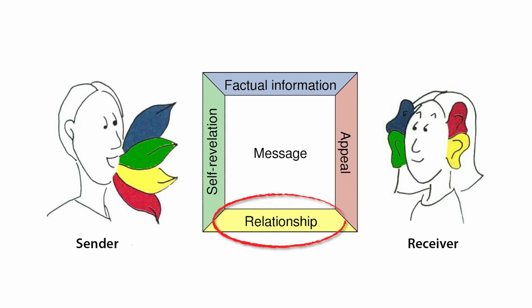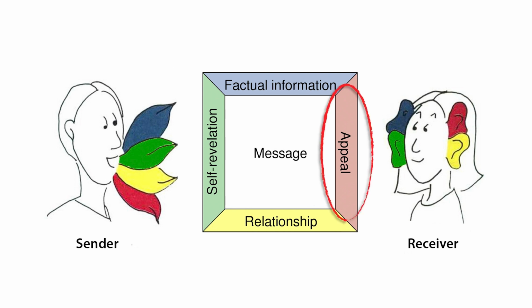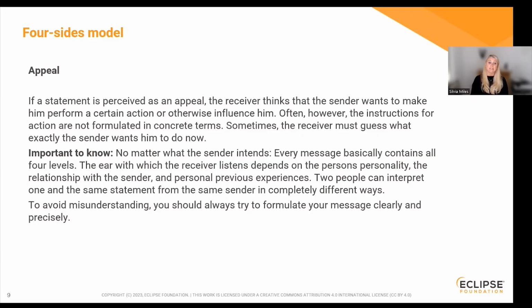It reveals how the people relate to each other on a human level. The appeal side is perceived as an appeal. The receiver thinks that the sender wants to make him perform a certain action or otherwise influence him. So very important to know is, no matter what the sender intends, every message contains all four levels.